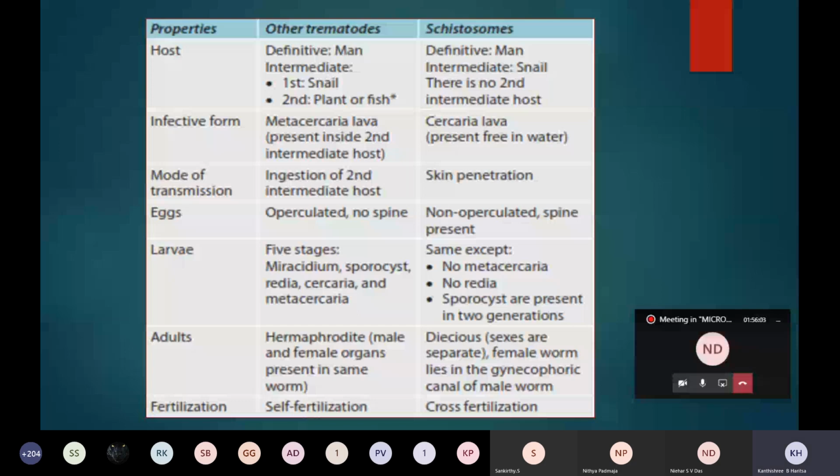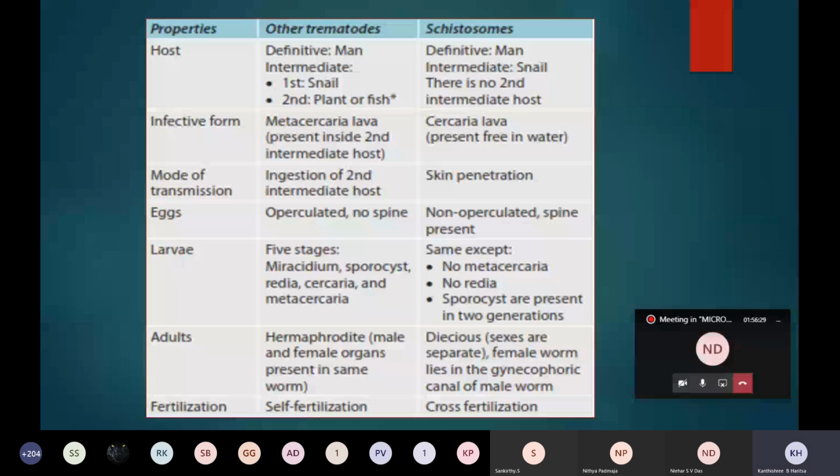Larval stages are 5: Miracidium, Sporocyst, Redia, Cercaria and Metacercaria. In schistosomes, the same, but there is no Metacercaria, no Redia, and Sporocysts are present in 2 generations.